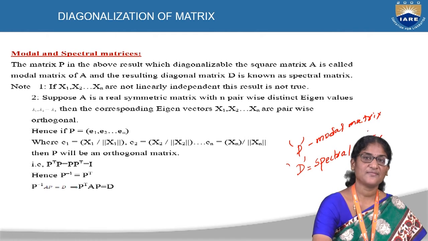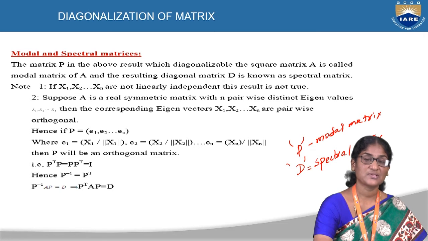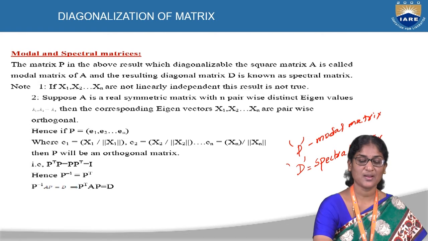If x1, x2, so on up till xn are not linearly independent, this result is not true. Suppose A is a real symmetric matrix with n pairwise distinct eigenvalues, then the corresponding eigenvectors x1, x2, so on up till xn are pairwise orthogonal.